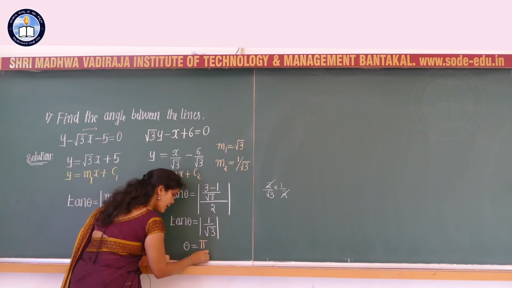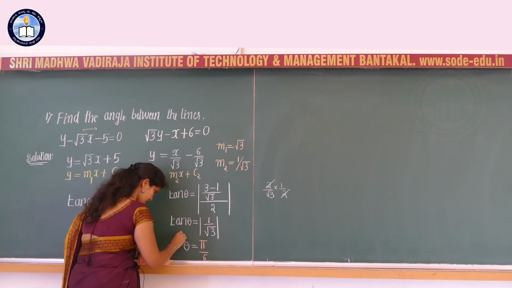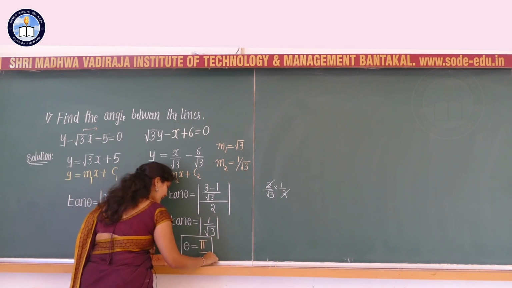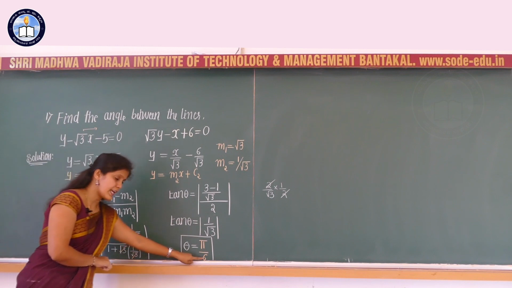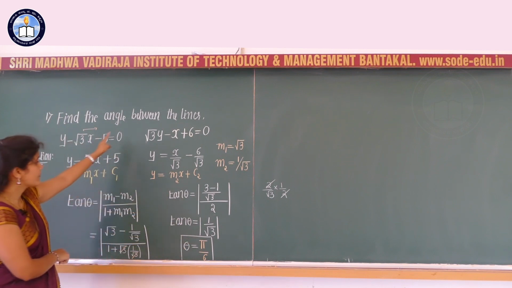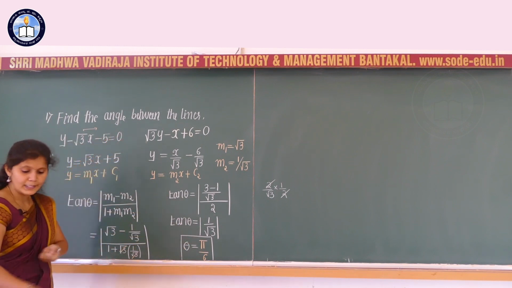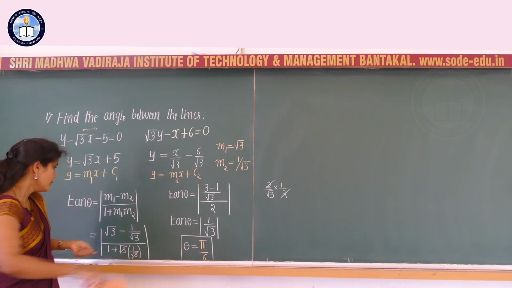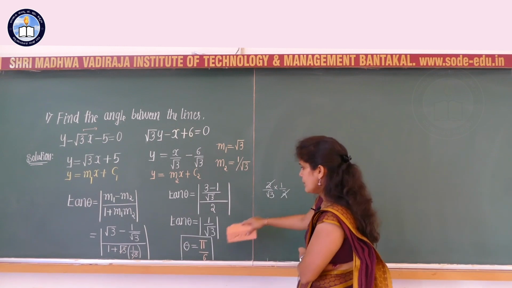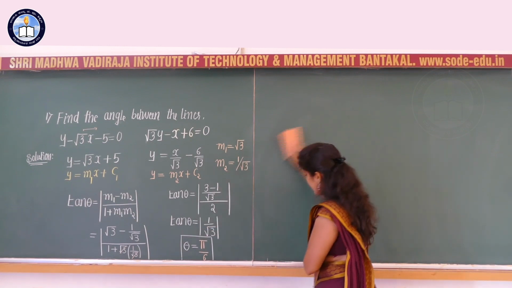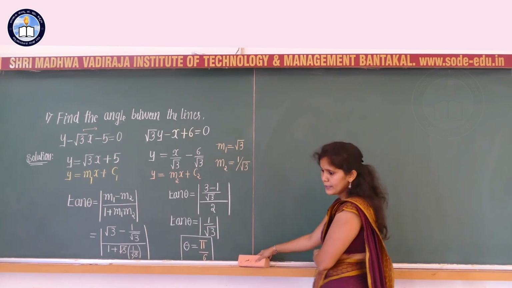That is pi divided by 6. So theta is equal to pi by 6. Then I can say that this is the acute angle theta between the two lines L1 and L2. And if it is possible for you, you can reduce one or two steps and write the answer, that is the value of theta.